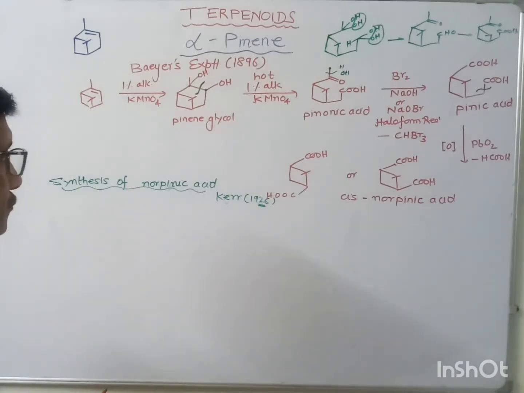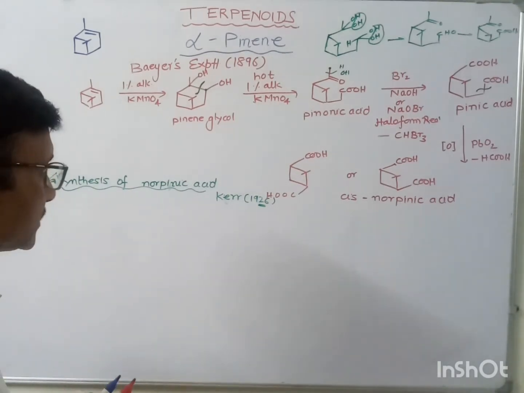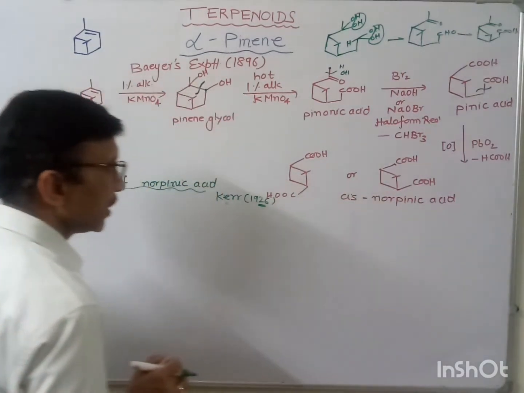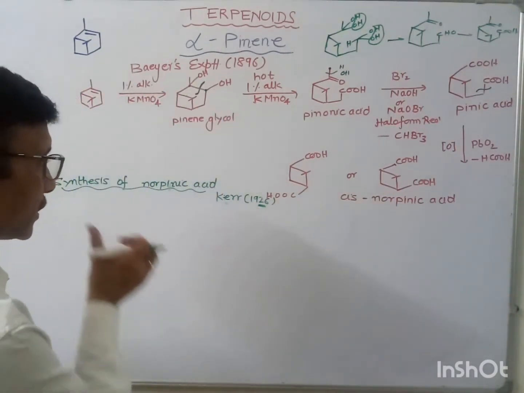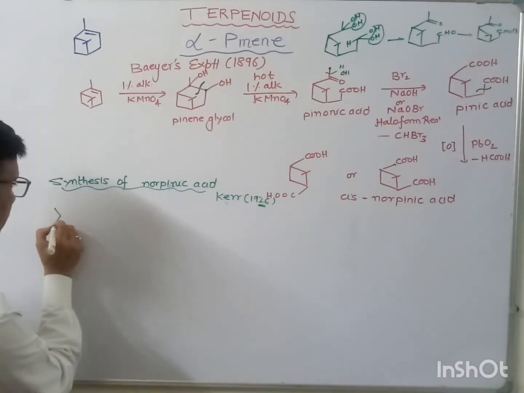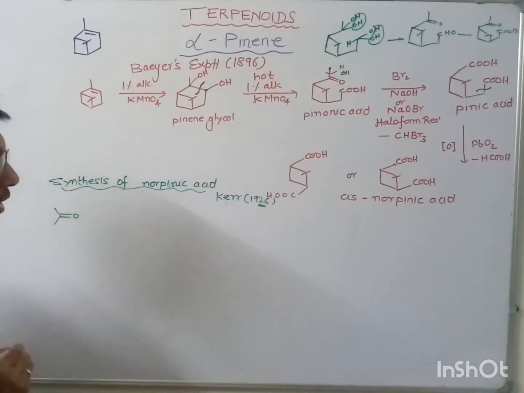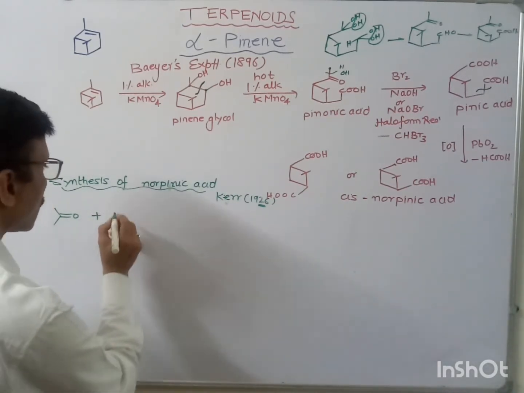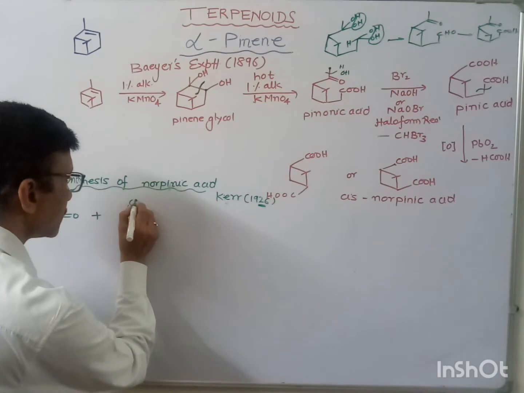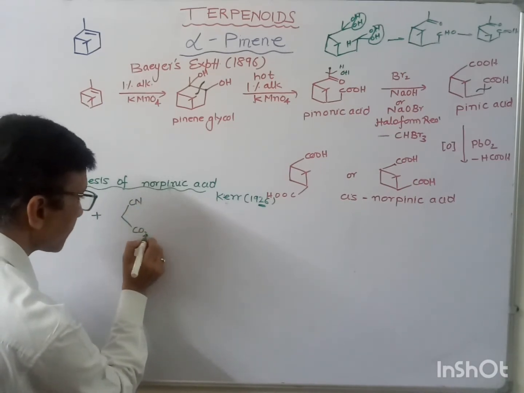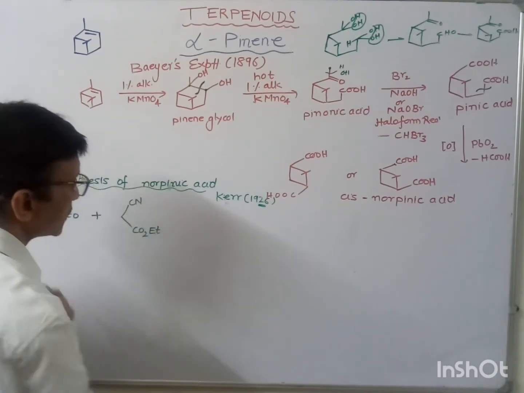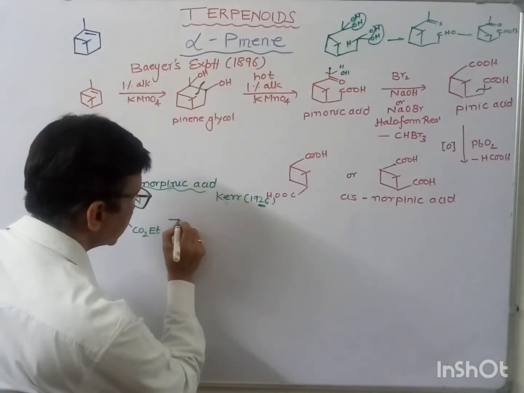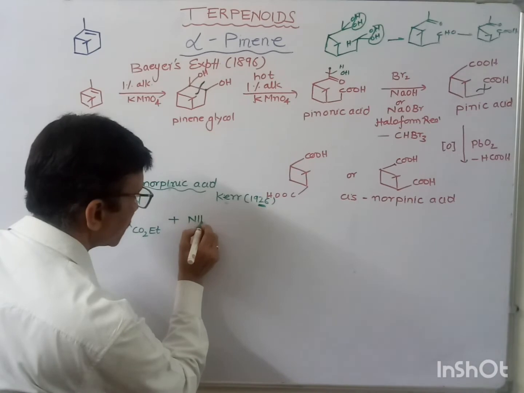Now, to synthesize this norpinic acid, one of the reactants taken was acetone, and this acetone is in the presence of ethyl cyanoacetate and ammonia.